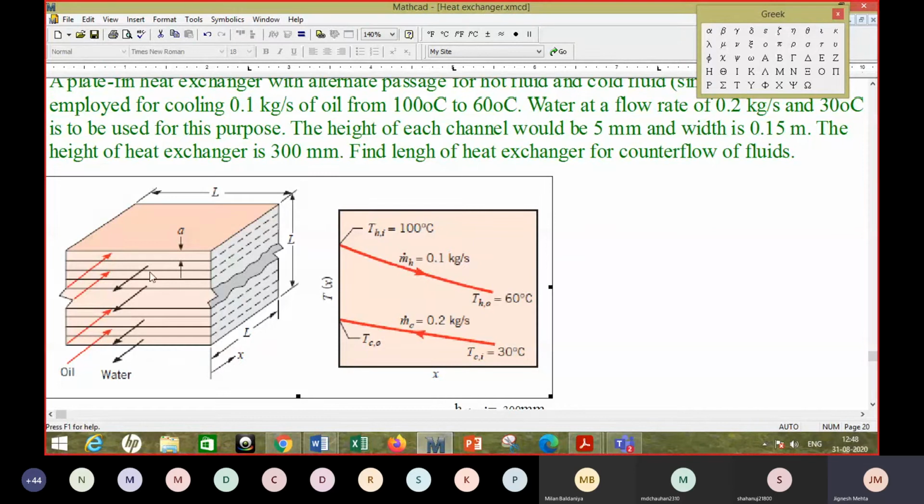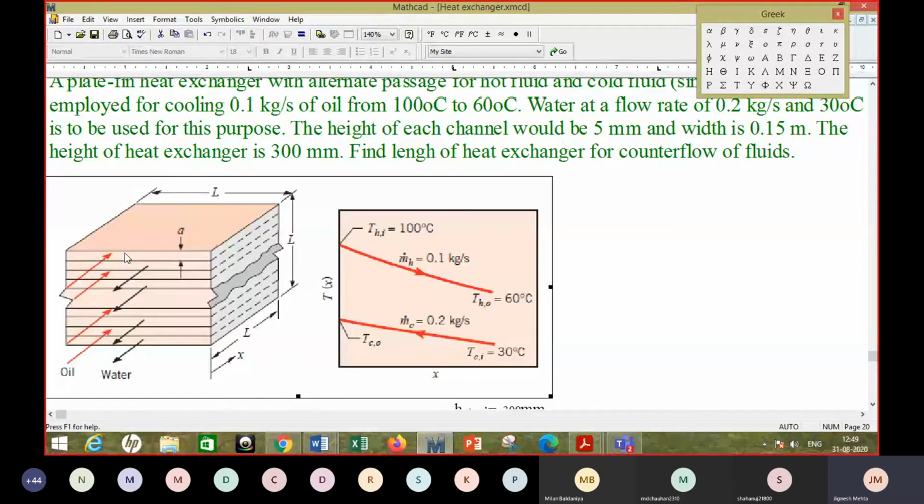Then again, third channel, oil is flowing. Fourth channel, water is flowing, and so on. You may have multiple channels like this, and because of the surface area provided by this separating wall or sheet, there is heat transfer between oil and water.